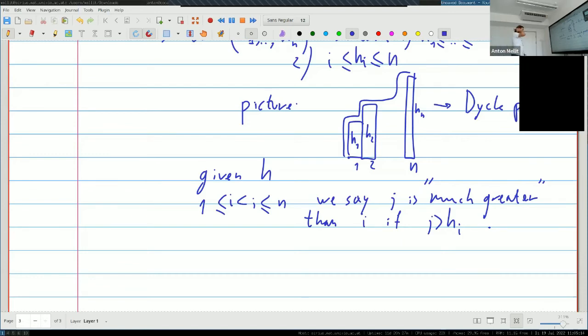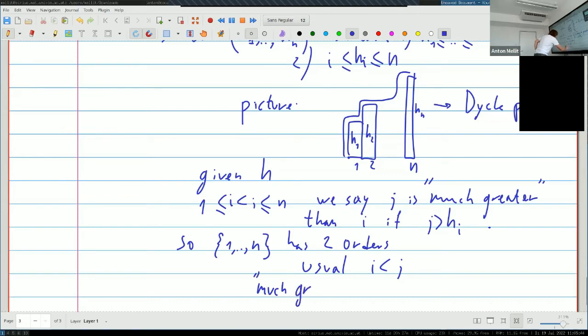So the set from 1 to n now has two orders: the usual order, which is i less than j, and this other order, much greater than, which I denote by this kind of curve. There are two orders.